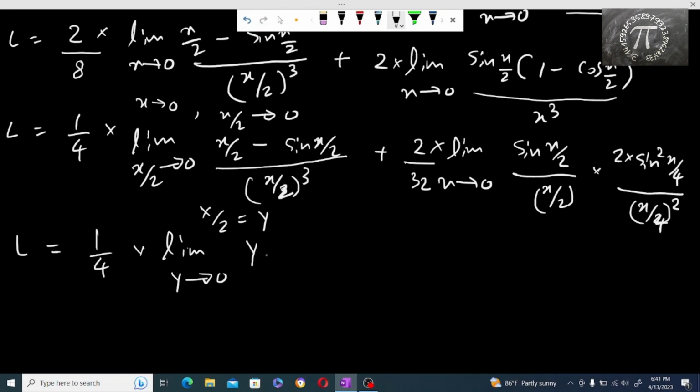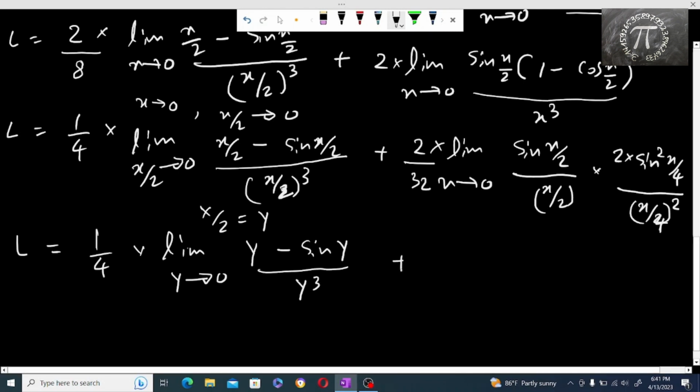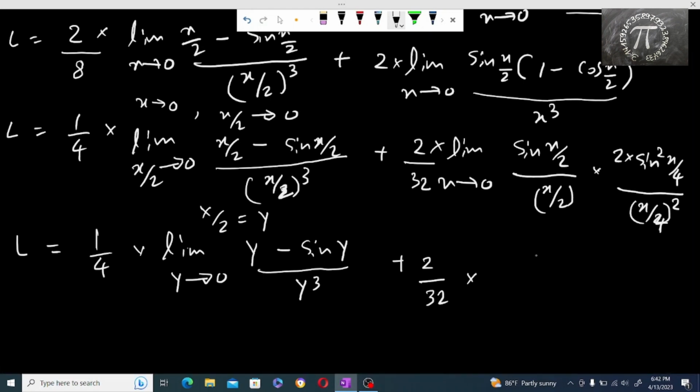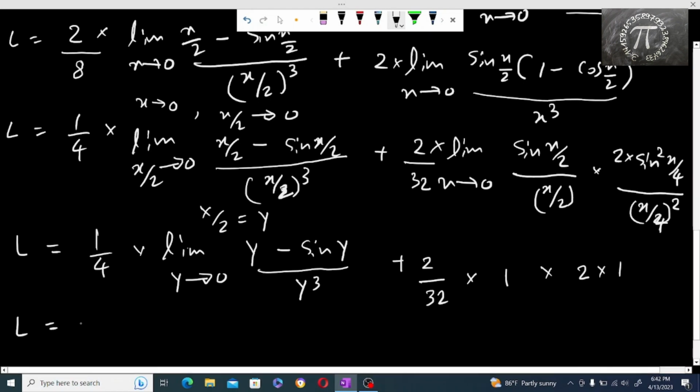So here we have (y minus sin y) divided by y to the power 3, plus 2 divided by 32 into, as x goes to 0, sin(x/2) divided by x/2 is 1. Here also 2 into 1. So we get L equals 1 over 4.